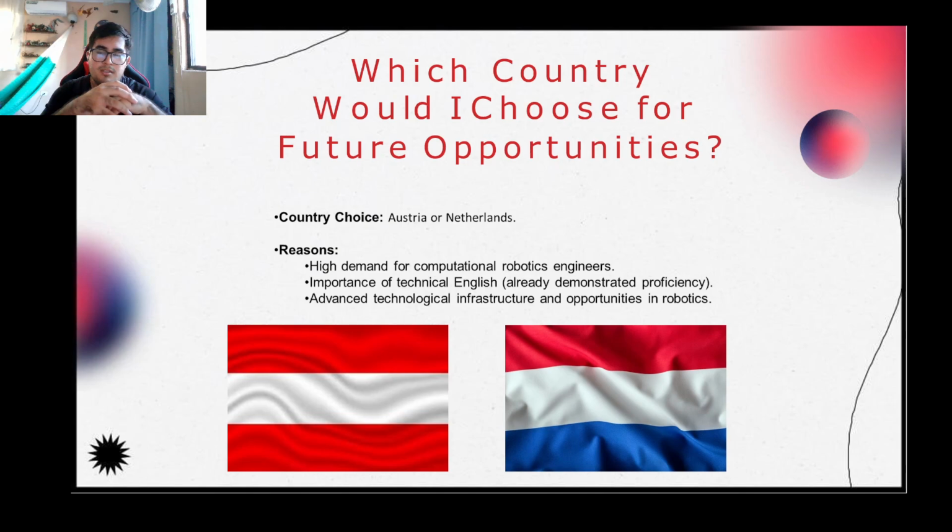And in the Netherlands, there are different companies that develop different mechanisms or robots of different types, like a dog robot, human robots, even giraffe robots, which are really crazy things.